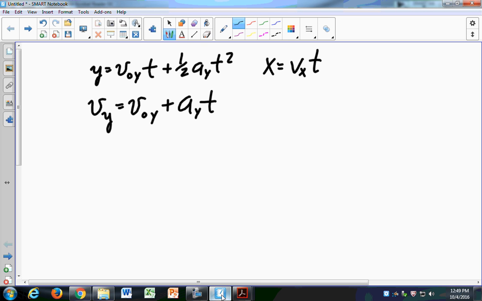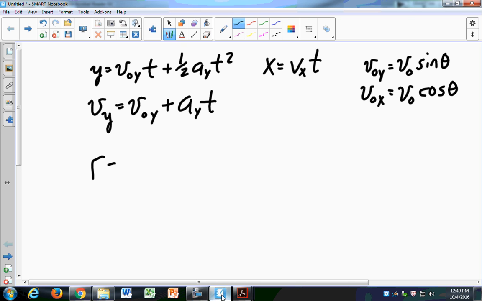That's it for that chapter, except we need to know our x and y components. V naught y is v naught sine theta. V naught x is v naught cosine theta. That's just our x and y components. And then F equals ma: the sum of the forces equals the mass times the acceleration.